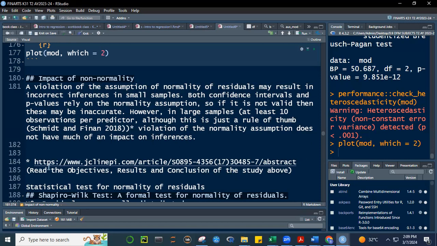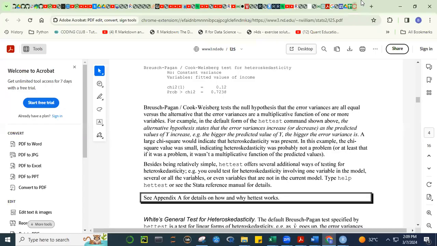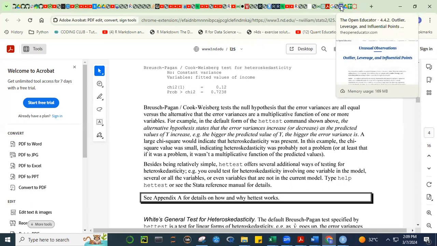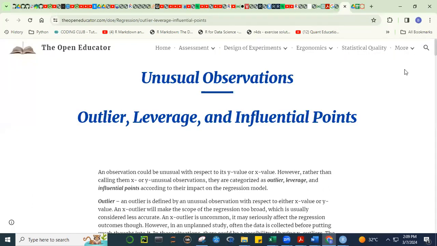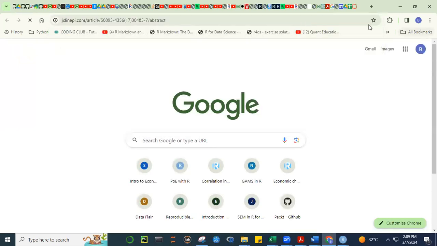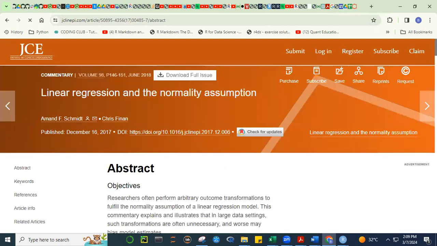Okay, let's go here. Let me share this with you. This is a very good discussion on normality. This is an article, no? Okay, open yan.